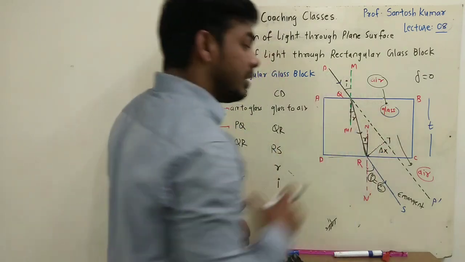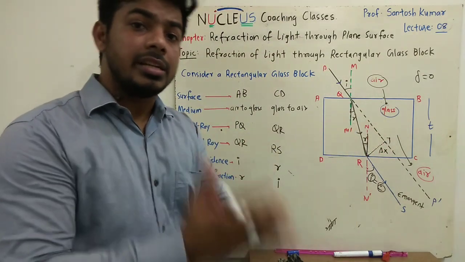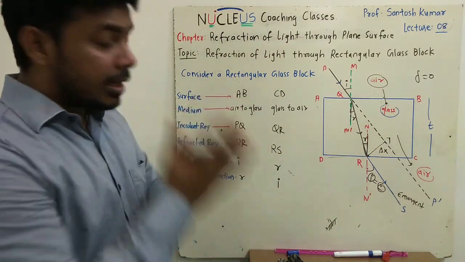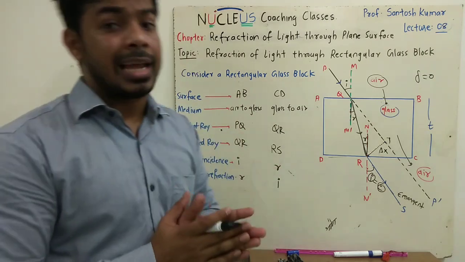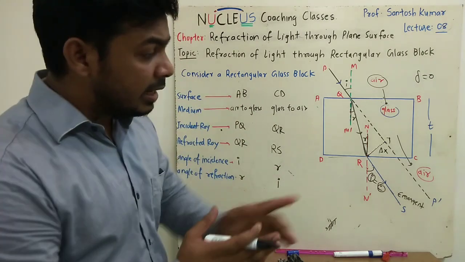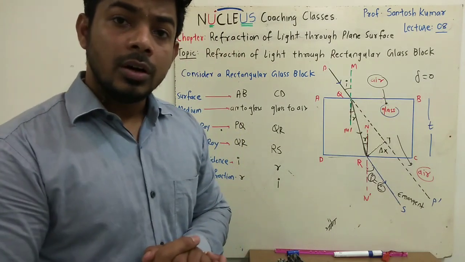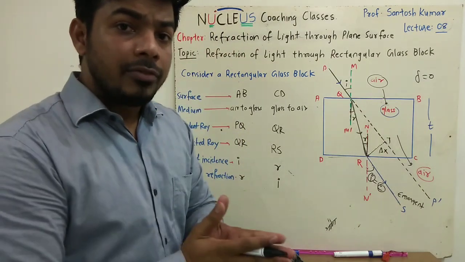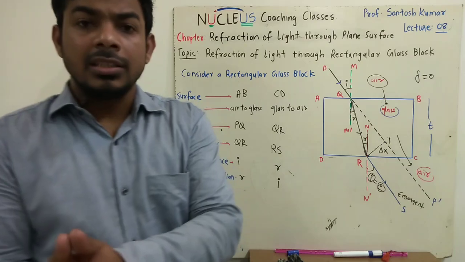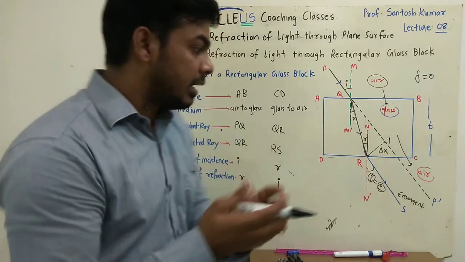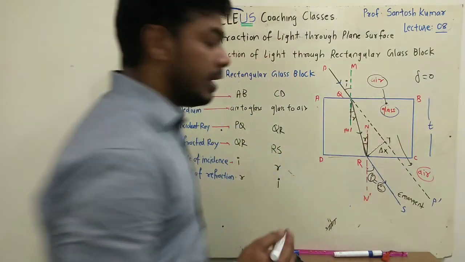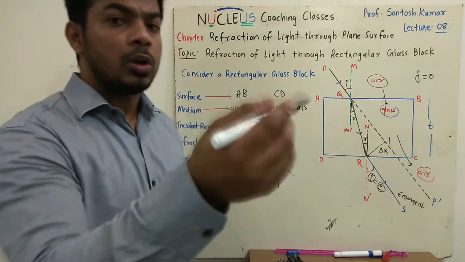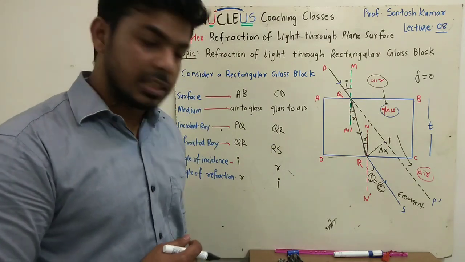So here RT is called the lateral displacement. That means a ray of light passing obliquely through rectangular glass slab will definitely travel parallel to the incident ray, but the only difference is that it gets laterally shifted, it shifts to the side, and RT here is called the lateral shift, or you can call it the lateral displacement.